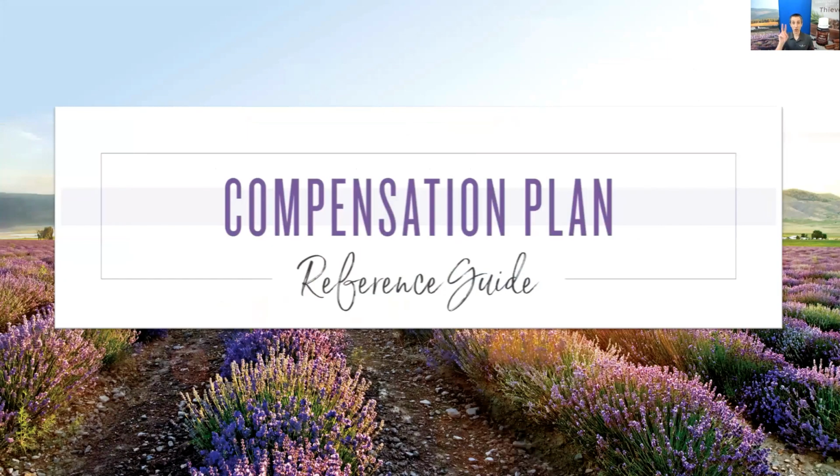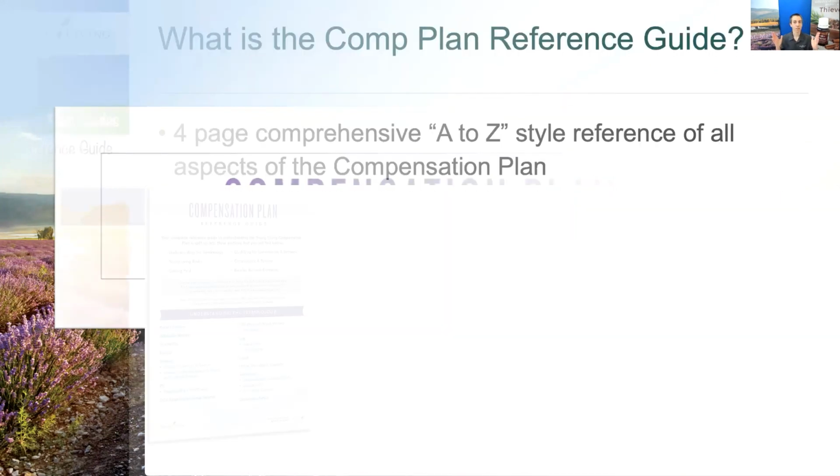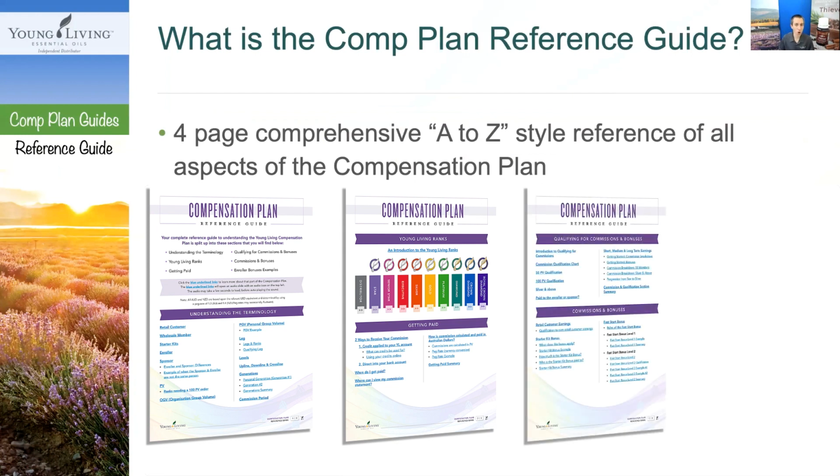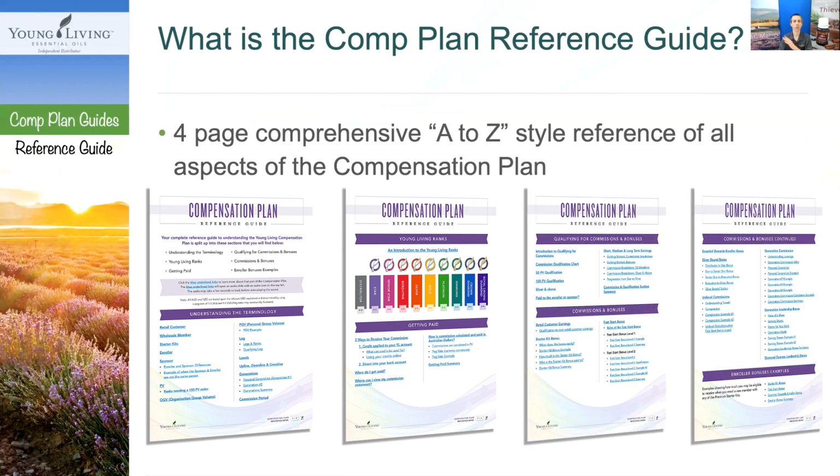Let's now progress on to the second guide that we're talking about today, and that is the Compensation Plan Reference Guide. So what is the Compensation Plan Reference Guide? Well, it's a 4-page comprehensive A to Z style reference that tries to cover every single nook and cranny of the Young Living Compensation Plan.